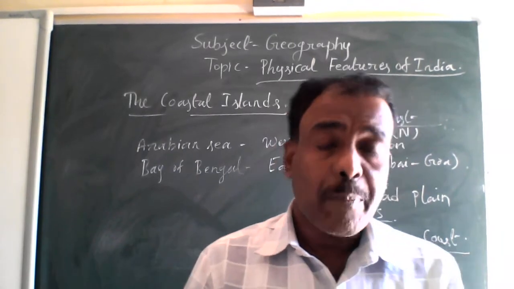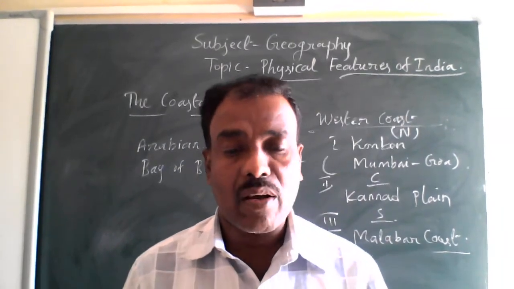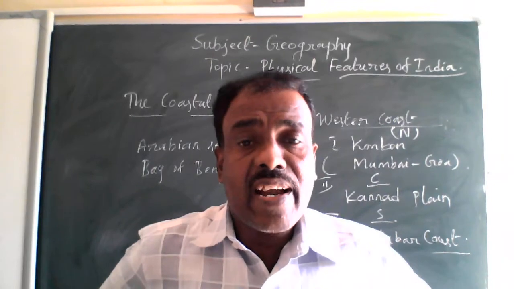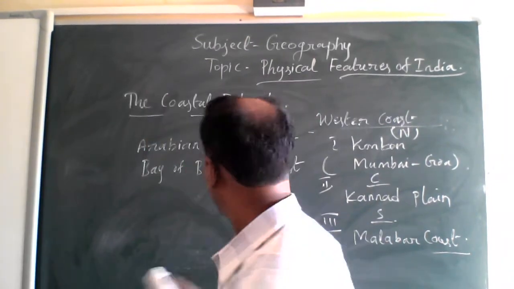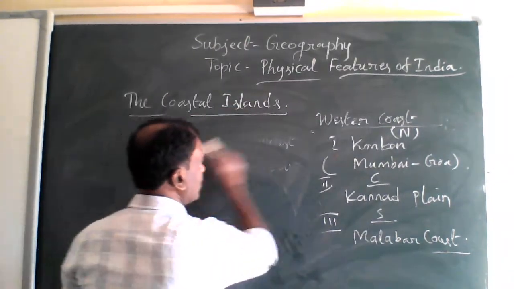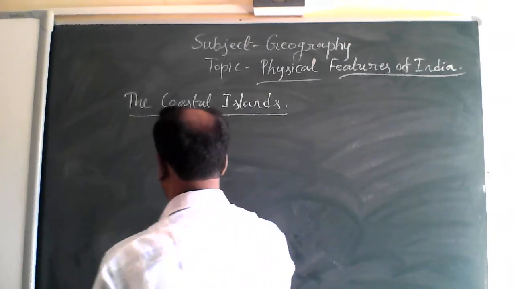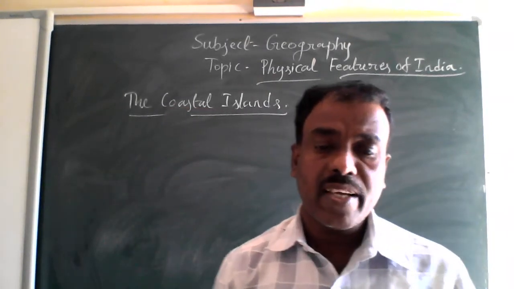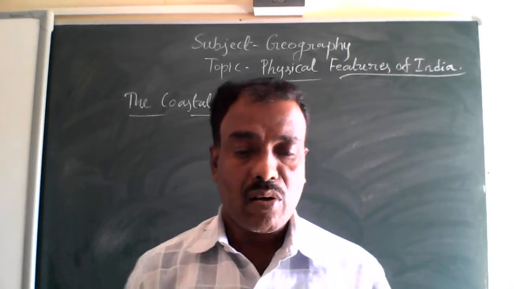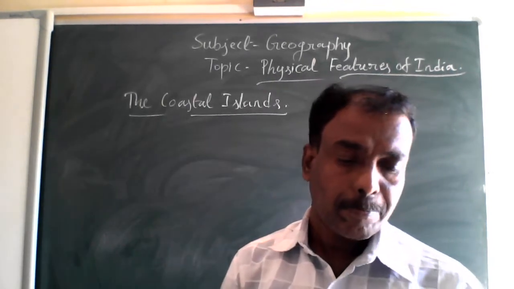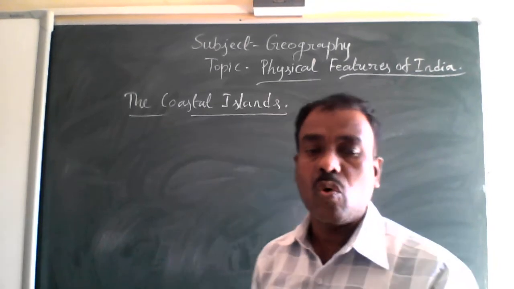See, the plains along the Bay of Bengal are wide and level. Put it down. The plains along the Bay of Bengal, that means the eastern coast.